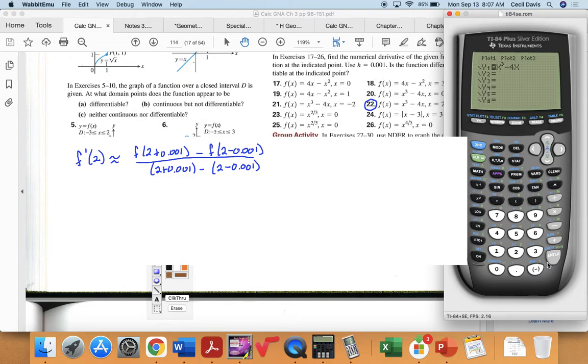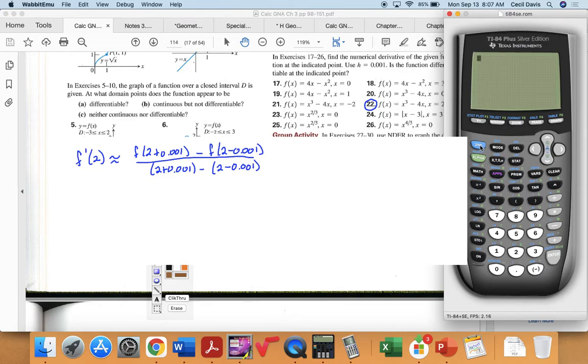And the question becomes, can we do this in a faster way? Because we want two points, f of 2.001, and we could use the trace feature and do that. I think there's another way. I'm not absolutely positive of this, but let's find out.